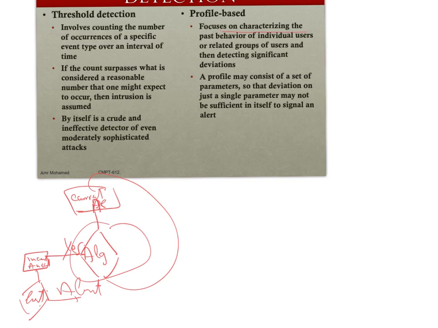Profile-based focuses on characterizing the past behavior of individual users. Okay? So this is based on grouping the audit records for one user and then applying the algorithm for these audit records belonging to one individual user. A profile may consist of a set of parameters so that deviation on just a single parameter may not be sufficient in itself.